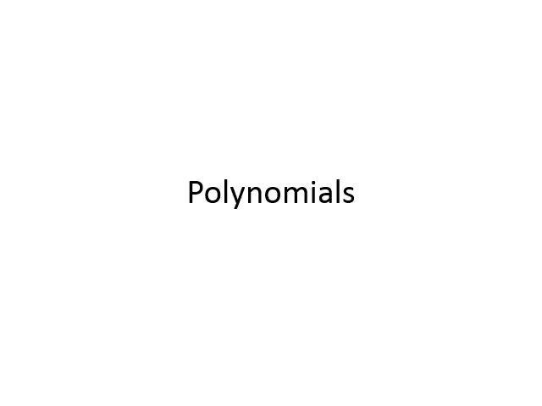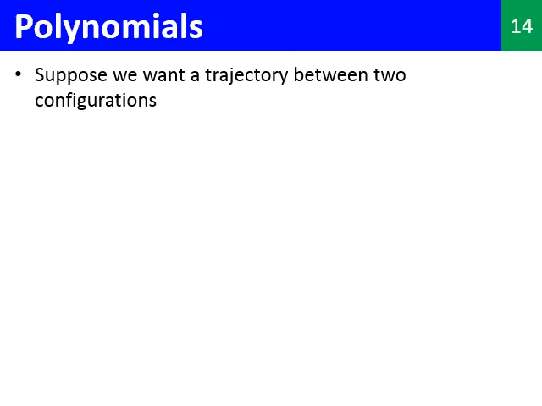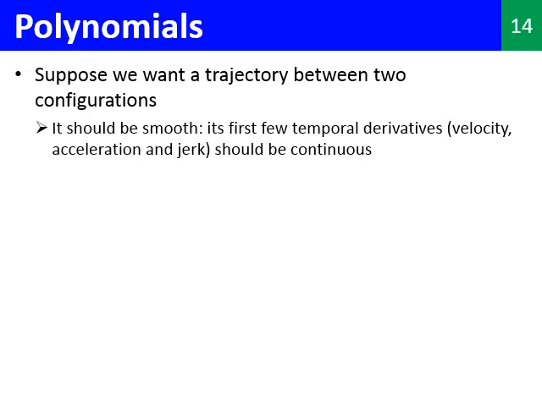Our first candidate to create a trajectory between two given poses is to use polynomials. The joint trajectory that we are going to generate between two configurations should be a smooth trajectory. That is, its first few temporal derivatives, the velocity, acceleration, and jerk, which is the derivative of acceleration, should be continuous.